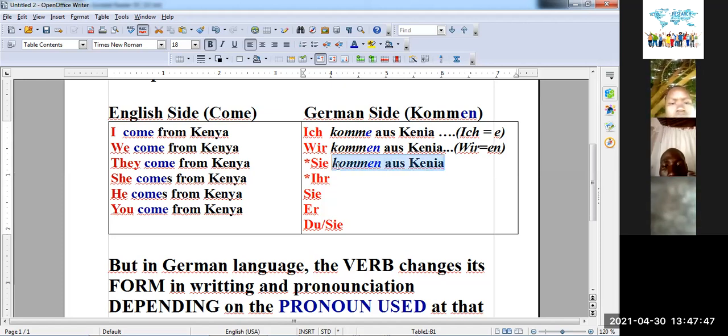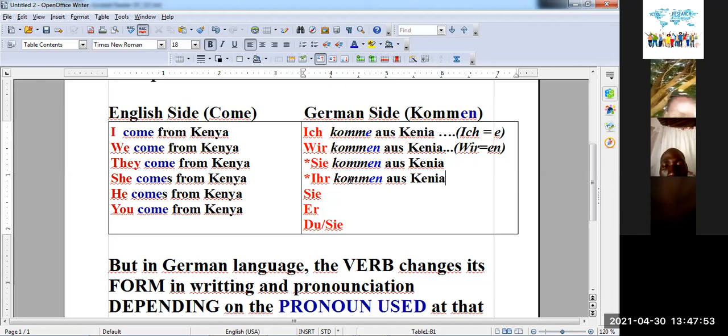But ihr also means the same, plural. But when you want to use ihr, you are not going to use kommen. You are going to remove EN at the end and put T. Ihr kommt aus Kenya.